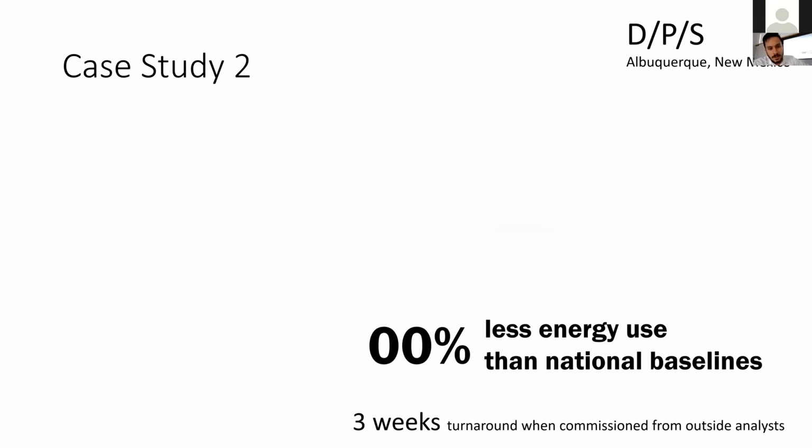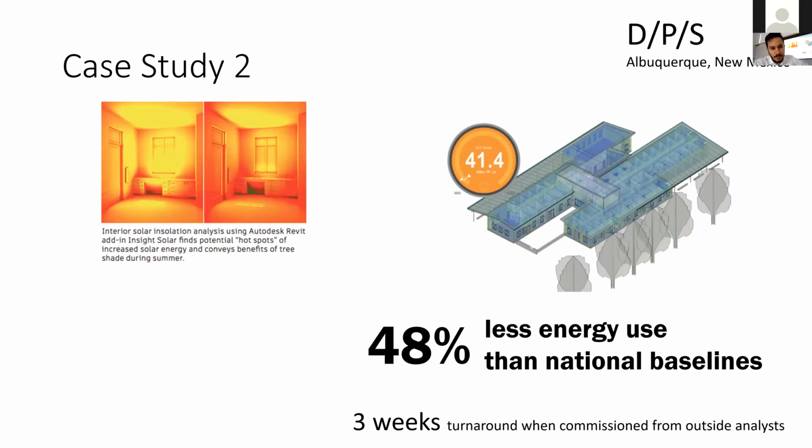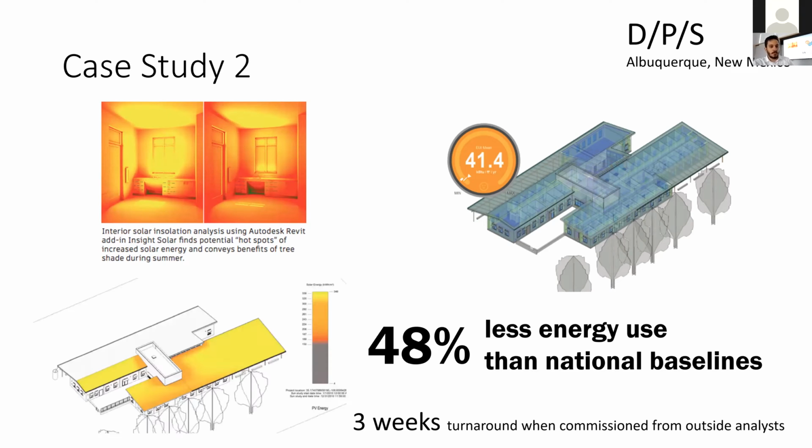The other case studies that I have were a little bit more straightforward, less detailed, but you can search for a lot of case studies regarding passive design. This was a case study in New Mexico, where they were able to reduce energy usage by 48% by checking the PV status of the roof and optimizing where the PV solar panels were going to be added.